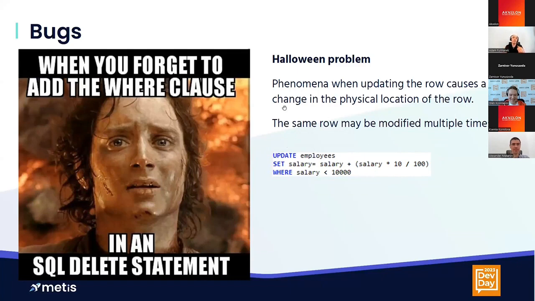What can happen, and what actually happened, is that this query updated a row, increased the salary, and because the salary after the 10% increase was still below 10,000, the same entity was updated again and again, until finally all the employees had a salary of at least 10,000.